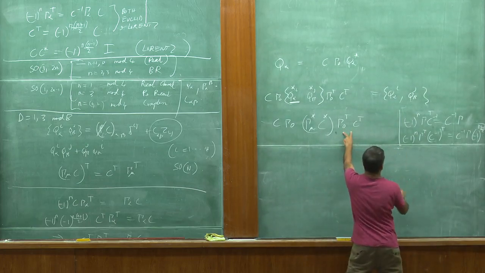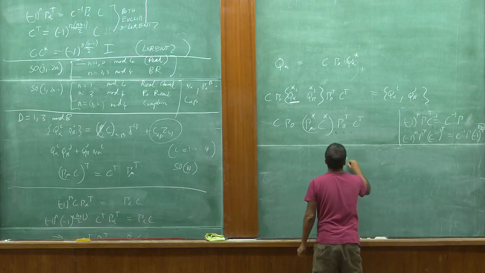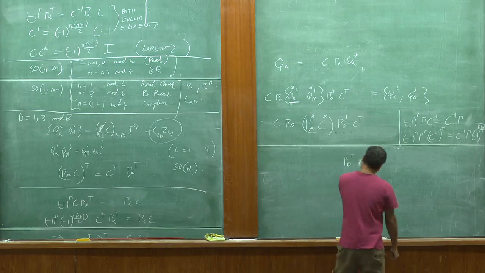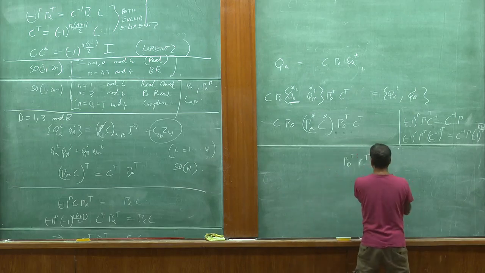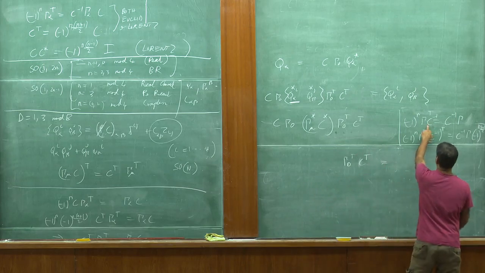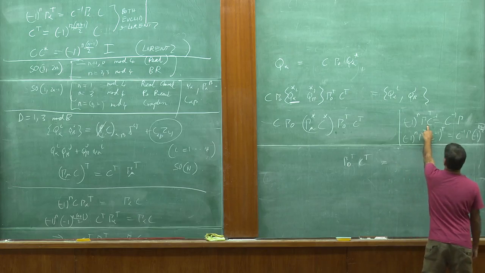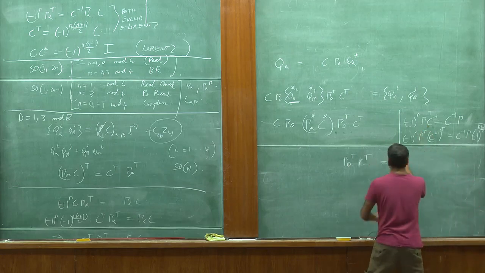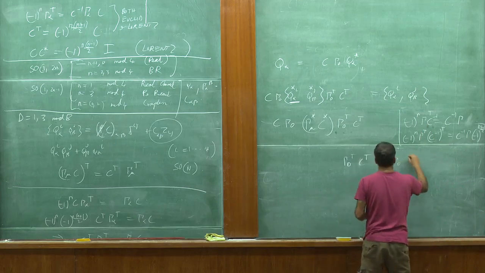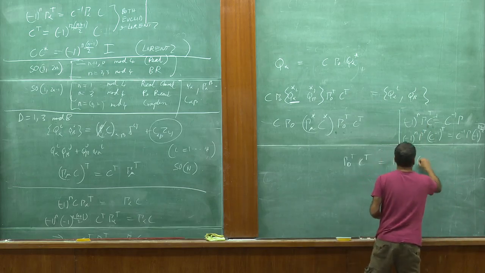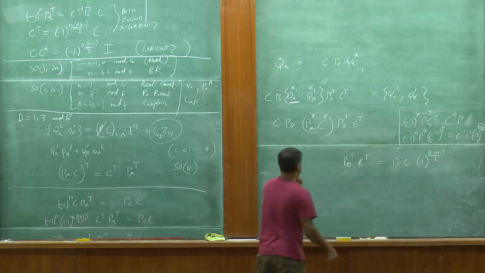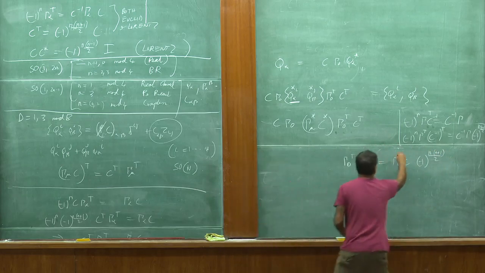Okay, I want this quantity: gamma 0 transpose C transpose. This quantity is the same as if I had just a C here. That's why I wanted this, right? So this is the same as gamma 0 C times minus 1 to the power n into n plus 1 by 2, gamma 0 transpose times this.